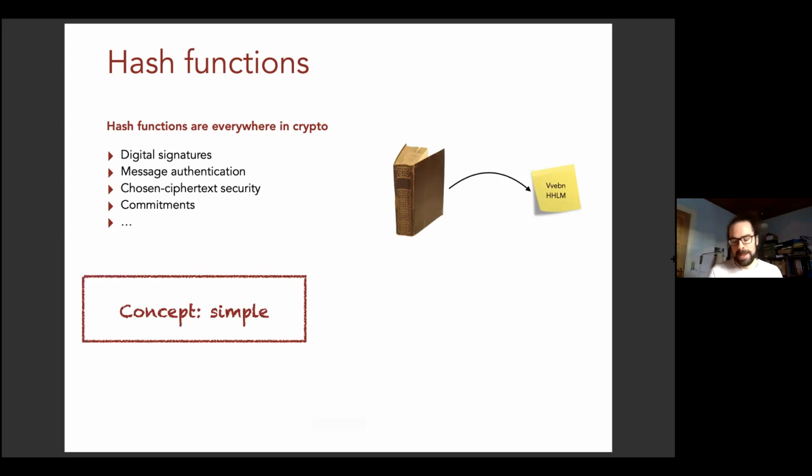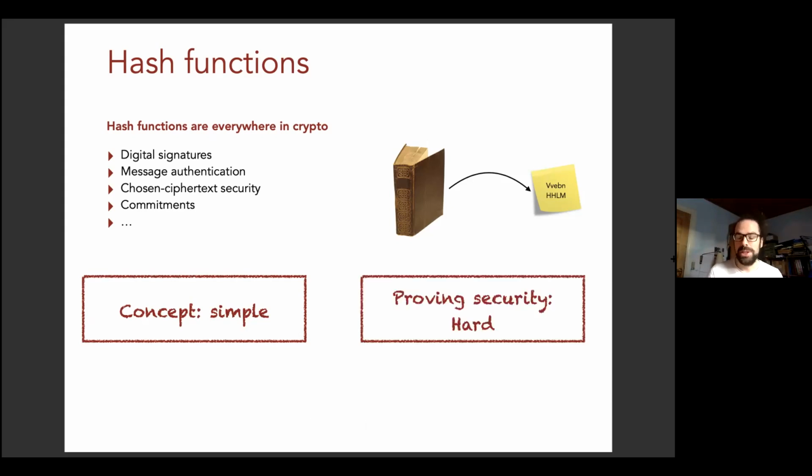Now, the concept of hash functions is very simple, right? I was able to explain to you what a hash function is, at least in rough terms, within a couple of seconds. But it turns out that when we try to use real-world hash functions and their real-world properties to prove security of the applications, then this is oftentimes hard.